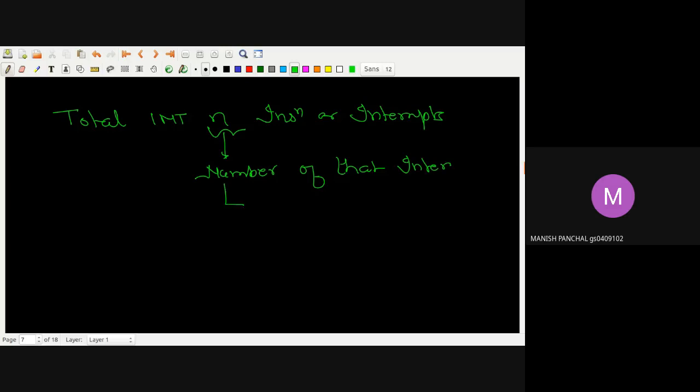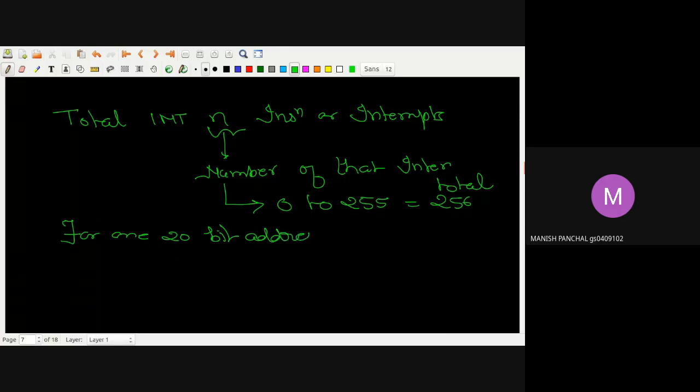This n can range from 0 to 255. So ultimately I can say total 256. So for one 20-bit address, how many values will I require? Anybody? Can you please say something?